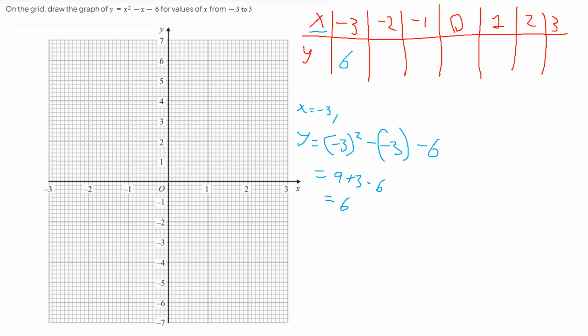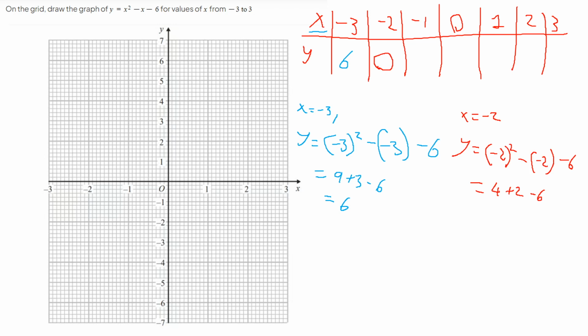Let's do it for the next number, minus 2. So for x equal to minus 2, y is equal to minus 2 all squared, minus minus 2, minus 6. So we're left with 4 plus 2 minus 6, which is equal to 0. And so on and so forth.